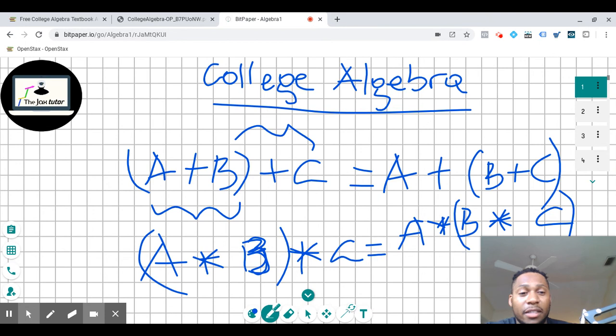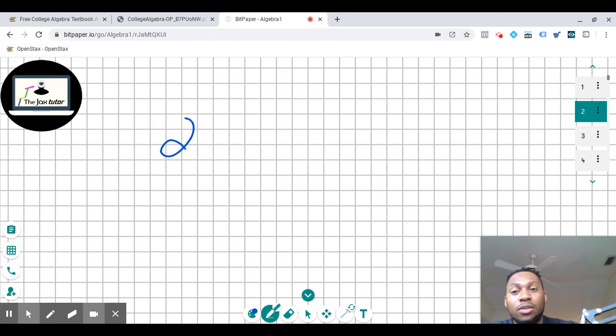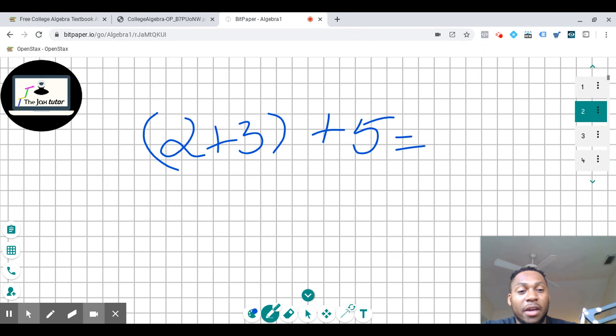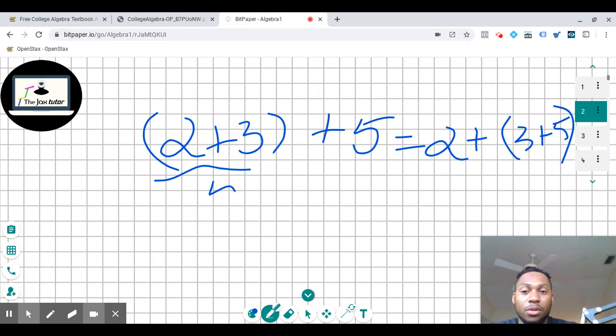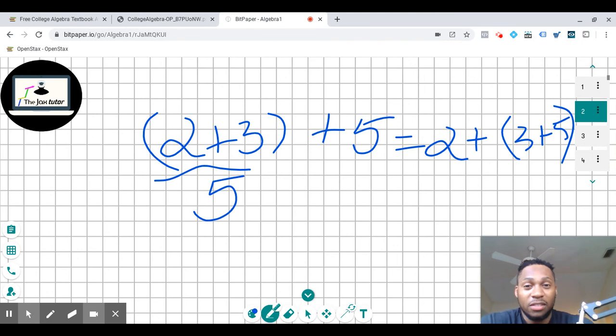And if you're looking for an example, this is a good one. Let's say you have (2 plus 3) plus 5. Even if you follow PEMDAS, it should be the same as 2 plus (3 plus 5). So for 2 plus 3 you would do the one in parentheses first. 2 plus 3 is 5, plus another 5, that would give you 10, right?